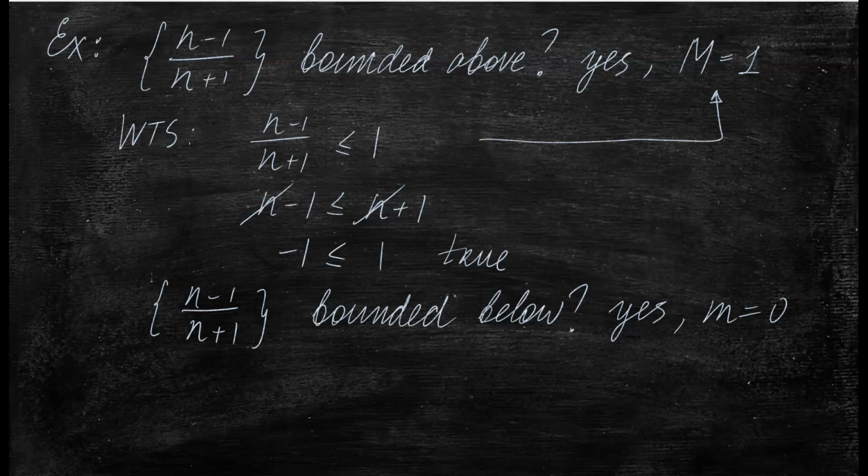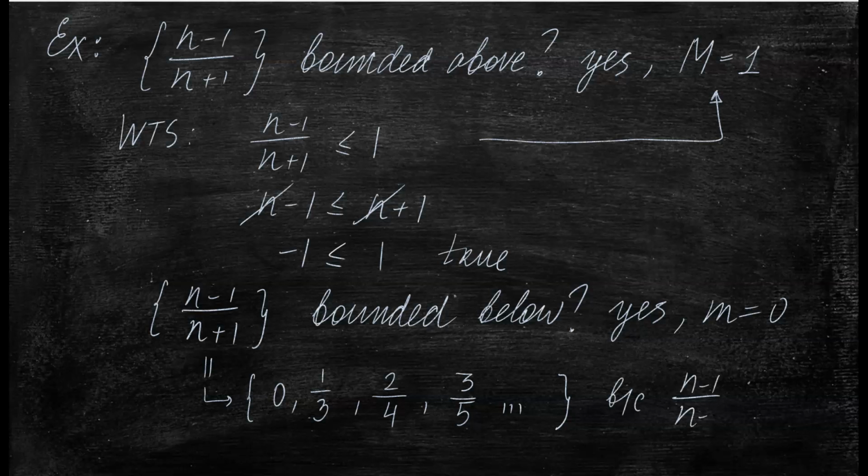Because if you look at all these elements, the first element will be 0, the second element would be 1/3, then it will be 2/4, 3/5, and so on. So it's clearly bounded below because n minus 1 and n plus 1 are always greater than or equal to 0.